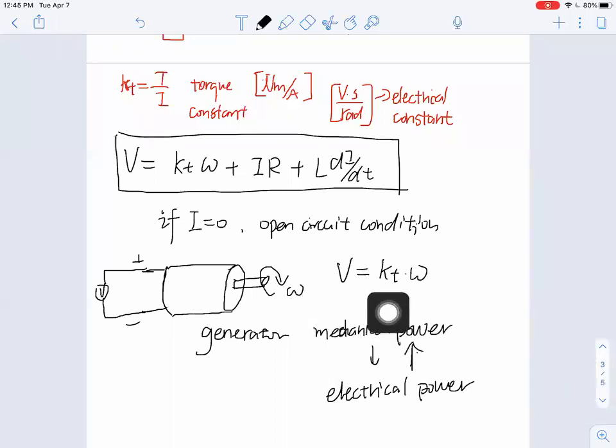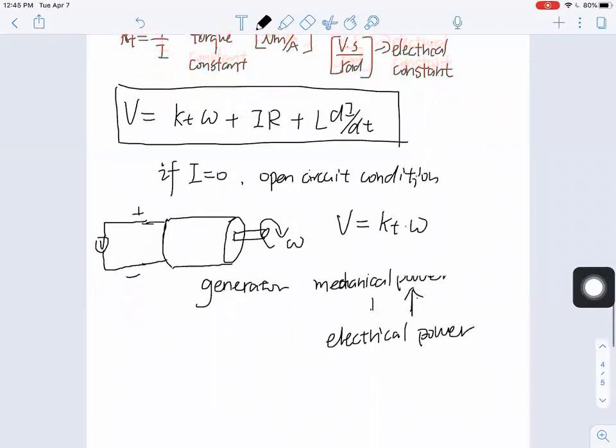And if you have a motor and you don't know the torque constant, you can use this to estimate it. Given a certain rotation, if you know the angular velocity, you can also measure the voltage from the terminals of the motor. And after measuring several points, you are able to find the plot and the estimated value for the torque constant.